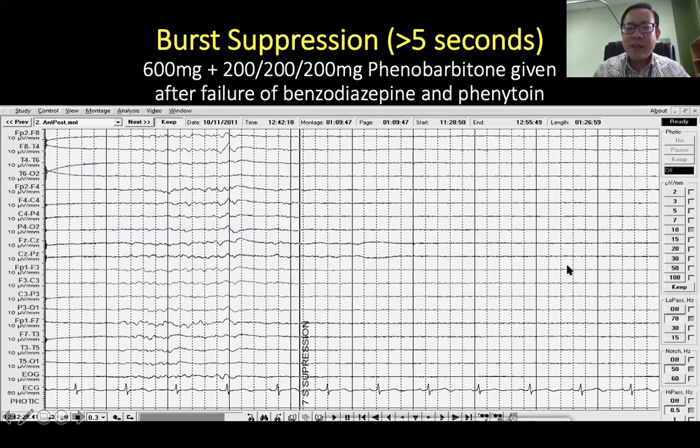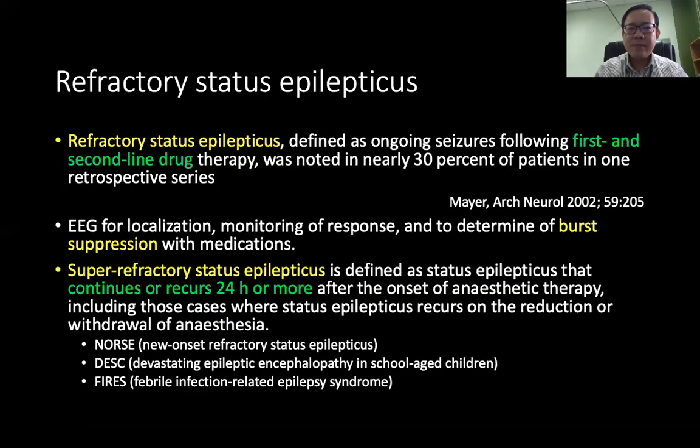So at least 5 seconds of burst suppression needs to be achieved to have a sustained effect after 24 hours. Burst suppression can increase mortality and can cause hypotension, but it's more effective in status, and therefore we will consider it for those with very refractory status epilepticus.